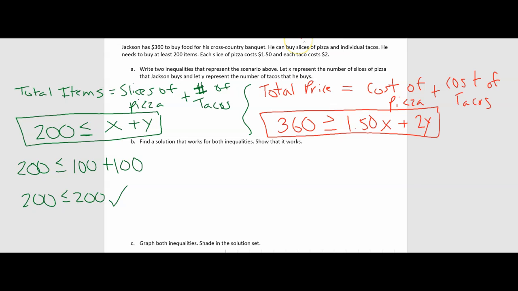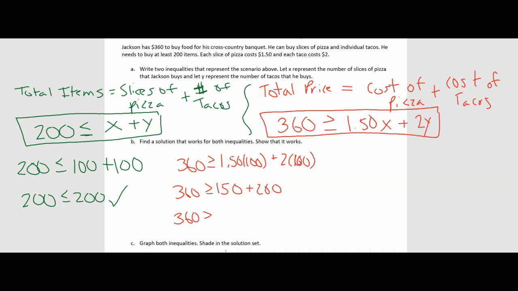And if I check it for the red, I'll do a little bit more math here. I end up getting 350 is less than or equal to 360, which is true.